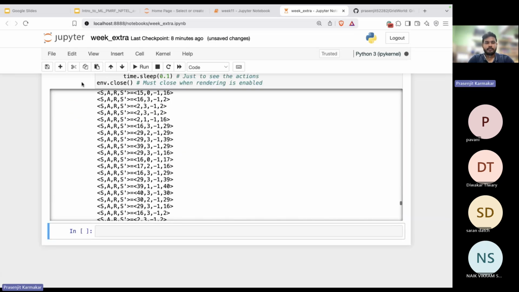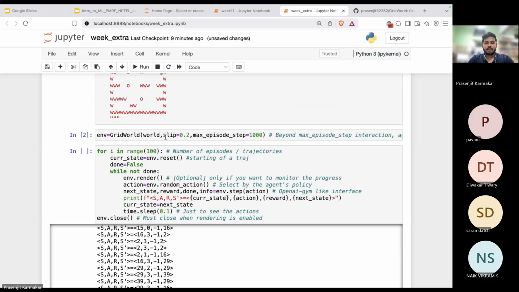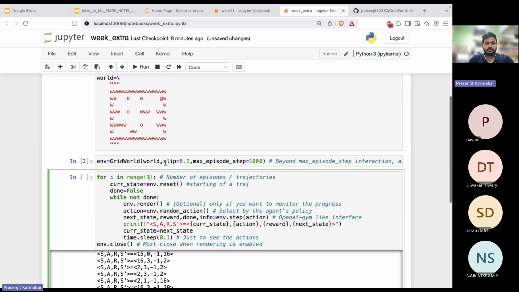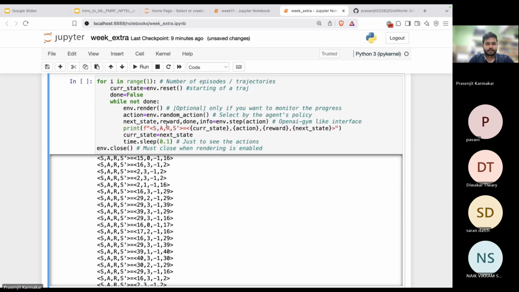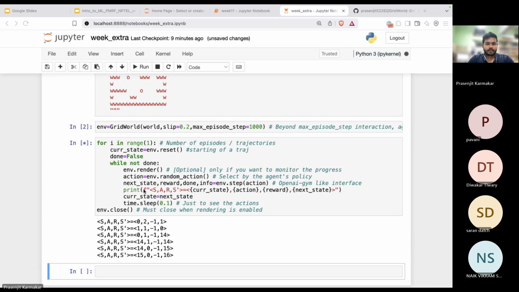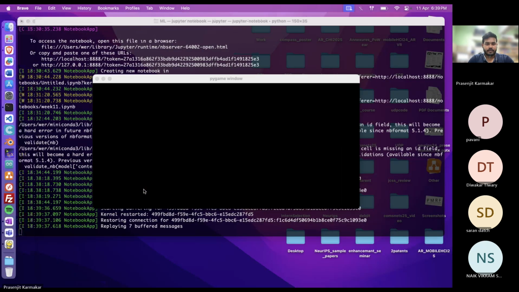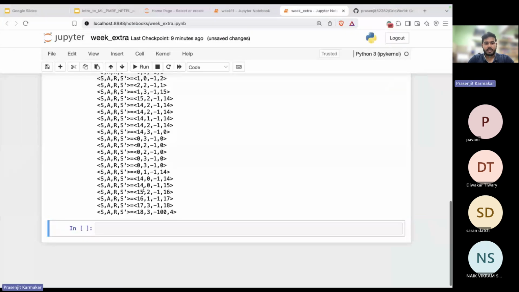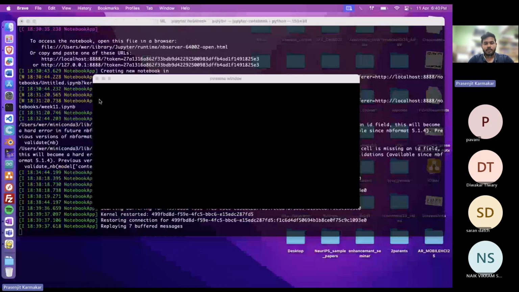Now, let me print only one trajectory. So if I just do one, then it is interacting for only one trajectory, right? One episode. Yeah, it's ended, right? And see, this environment.close actually frees up all the resources.